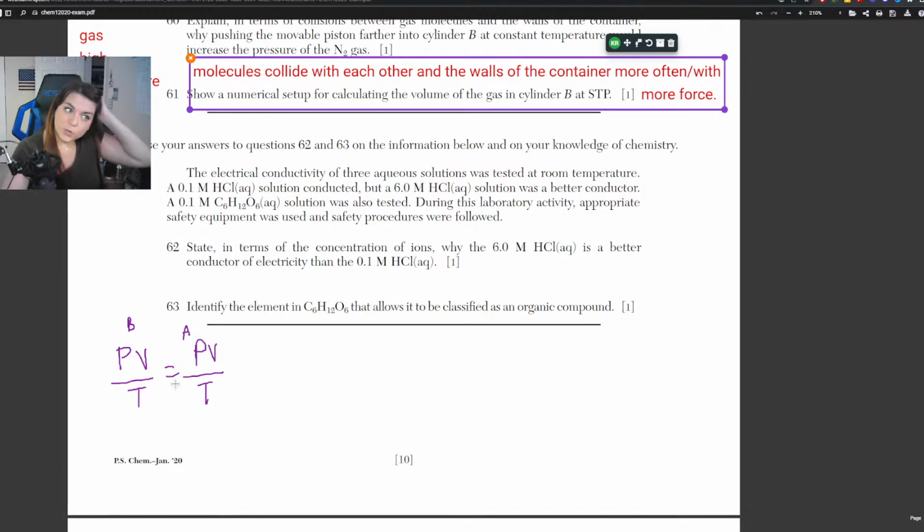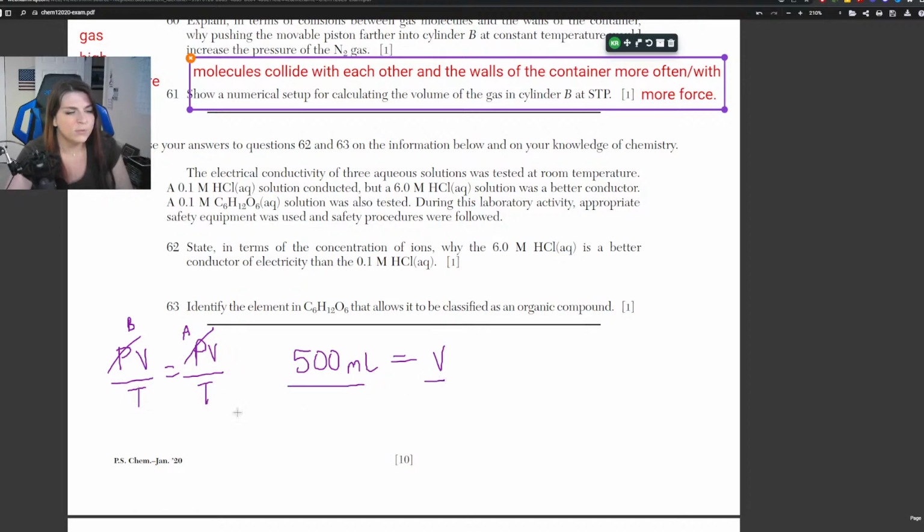My original pressure is 101.3 kilopascals, that is standard pressure. So my pressure is staying the same the entire time. It's the same on both sides, so you could plug it in if that makes you happy, but you don't have to. The original volume was 500 milliliters, and the new volume is what I'm being asked to solve.